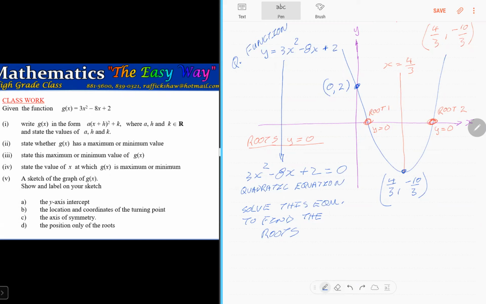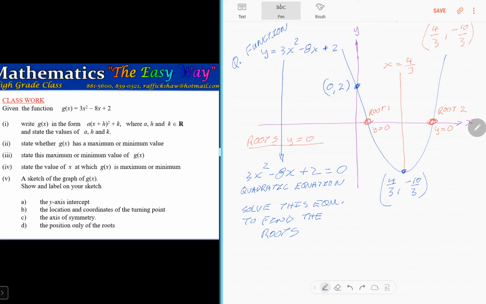So basically, the summary is to find the roots, we solve the equation. Because remember, the roots are the points where the y value is 0. And if the y value is 0, then it means that we put the quadratic expression equals 0, meaning we are forming the quadratic equation. And when we solve the quadratic equation by whatever method, we're going to look at two methods to solve it, the x values that we get are the roots.